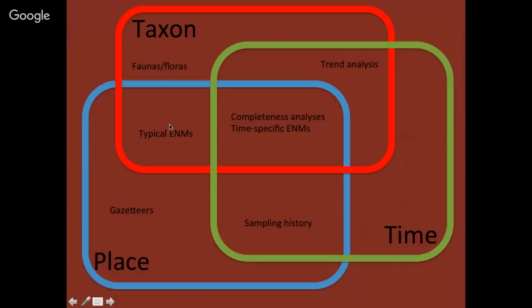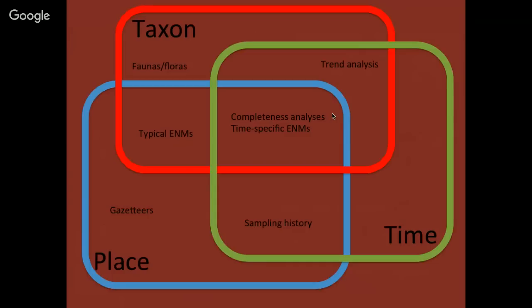Most ecological niche models use only taxon and place information, and we can also look at the sampling history through time for a place. But then here in the middle, in the 3-way overlap, we get some analyses like completeness analyses, like what I showed you for Brazil, and a newer generation of what we could call time-specific ecological niche models, which use information on taxon, place, and time.